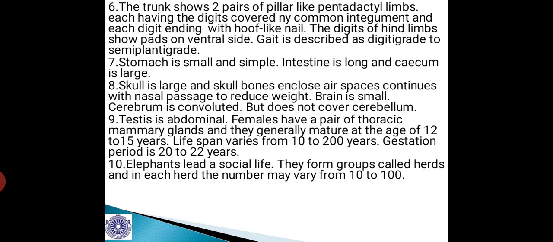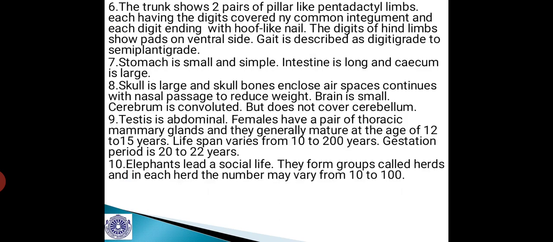Females have a pair of thoracic mammary glands, not inguinal but thoracic, and they generally mature at the age of 12 to 15 years, and their lifespan varies from 10 to 200 years, and the gestation period is about 20 to 22 years, the longest gestation period among all mammals for that matter. That is why in Kannada it is said to be Gajagarbha, meaning the long gestation period of these elephants.